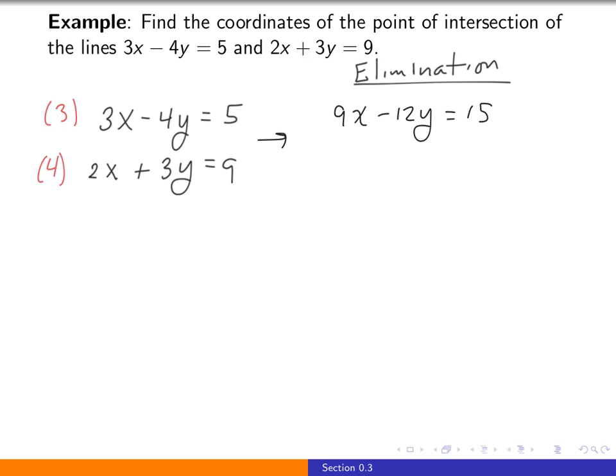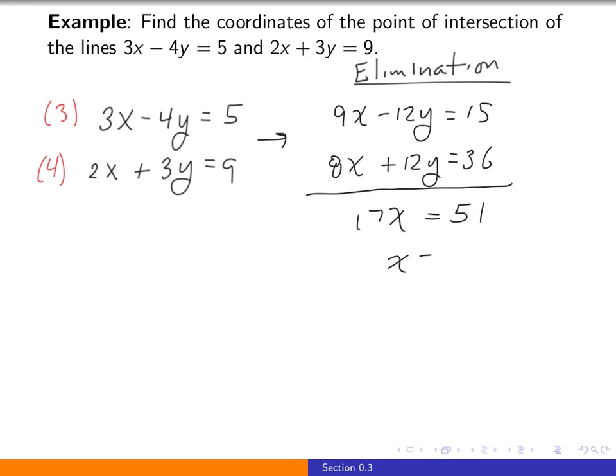The second equation, when we multiply by 4, becomes 8x plus 12y equals 36. And once I have the two equations written in this form, what we would like to do is add them up. When I add up these two equations, you end up with 17x is equal to 36 plus 15, so that in this case x is equal to the number 3.